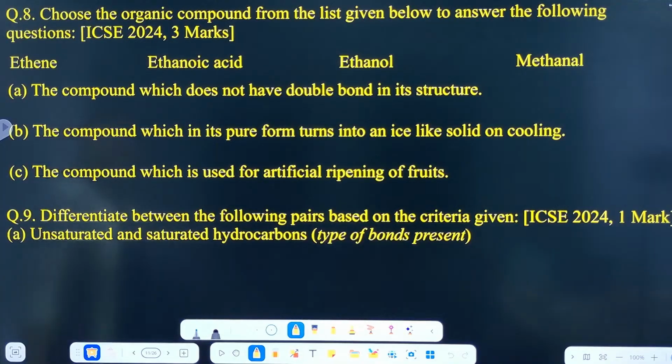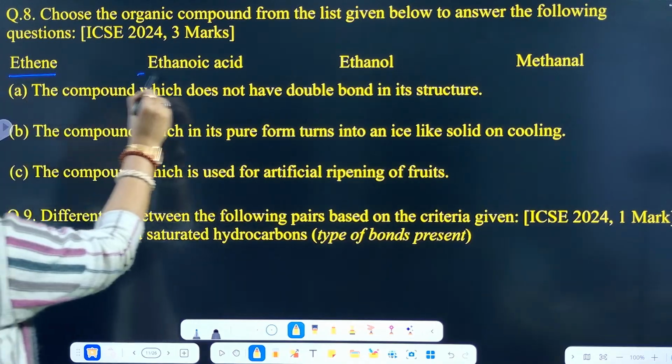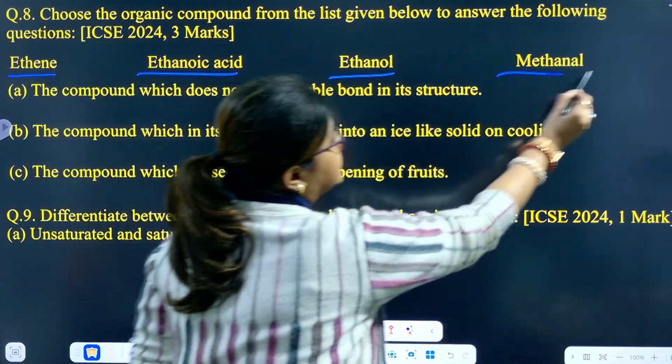Next is, choose the organic compounds from the list given below to answer the following questions. What are the compounds given? Ethene, ethanoic acid, ethanol, methanal.